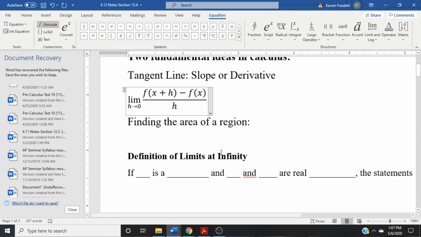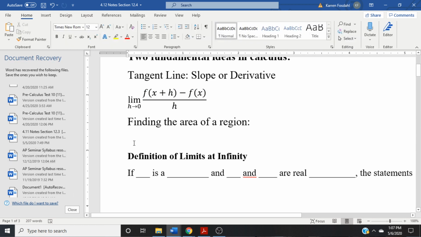So that's the limit. And what we're going to find here is that this one's actually going to be about infinity. Okay? So we'll talk about this next class.